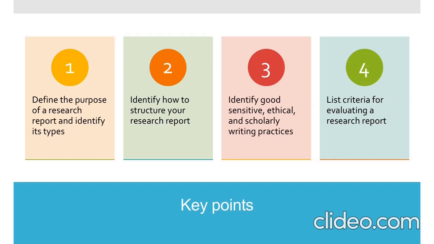And then the third point is to identify good, sensitive, ethical and scholarly writing practices. And finally, to list criteria for evaluating a research report. As a way of organization, I will be dealing personally with the first and the third points and leave the floor to my friend for the second and the last point.